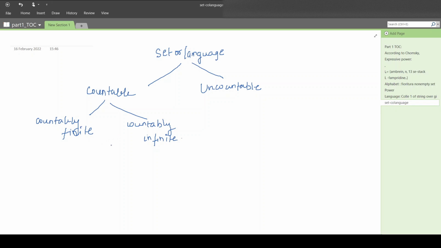Like countably finite. The examples: set of all pens, set of all colors. These will take time, but they can be counted. But over here, like the set of all natural numbers, it is countably infinite.